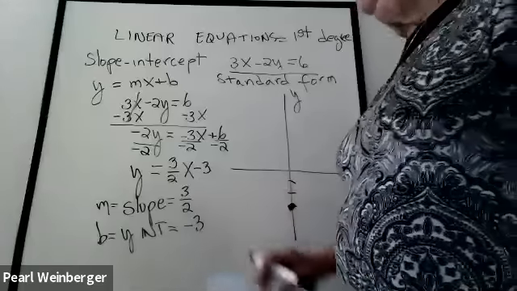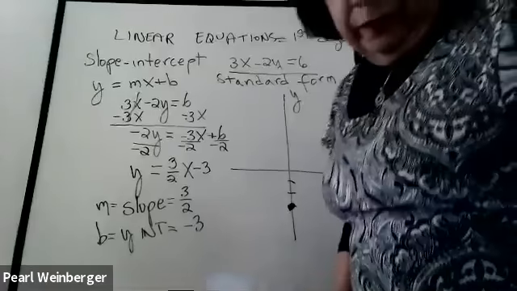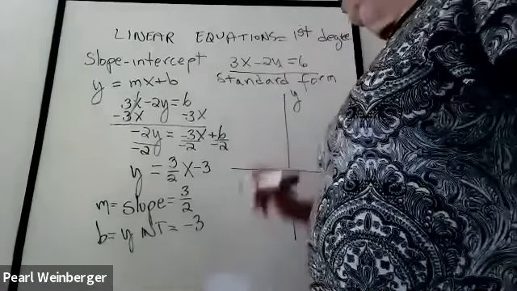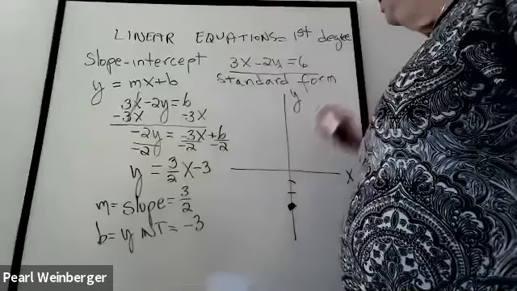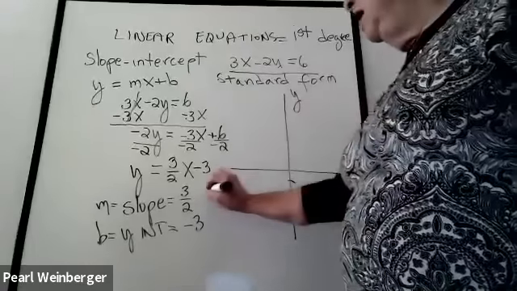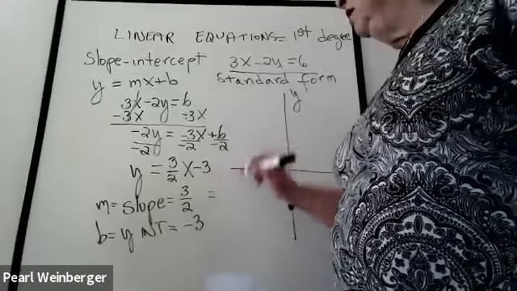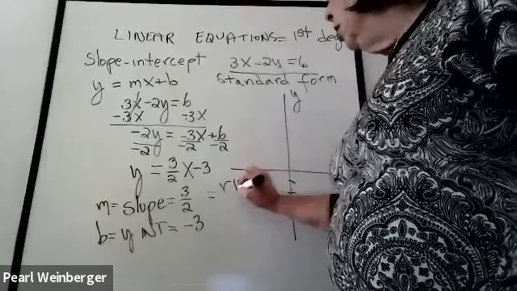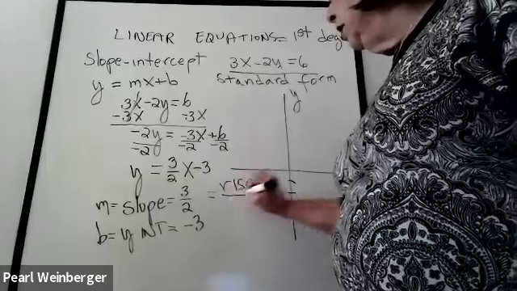The same thing with the slope of a line. It's what tells us how much the line is slanted. And somebody put on the chat, it means rise over run.